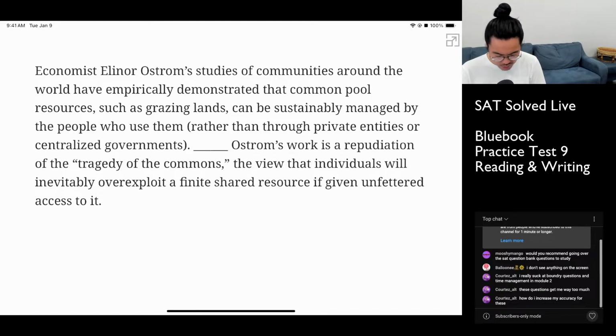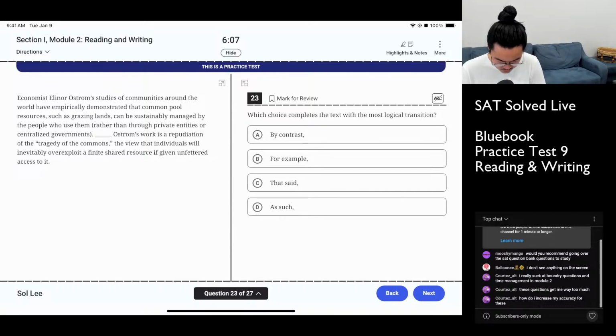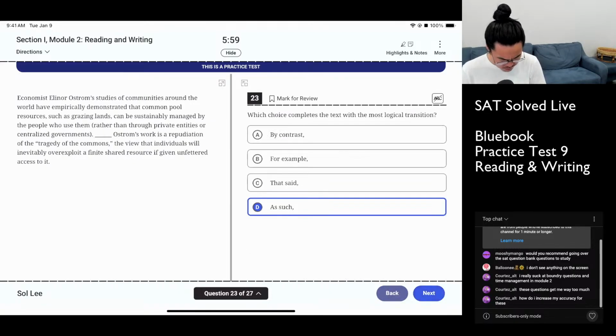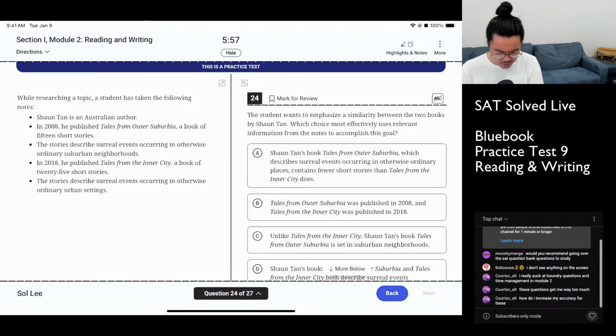In effect, I would say in effect personally, but yes, as such. Oh, okay, interesting. That's an interesting one. We haven't seen that in a while. Okay, or ever. I don't think I've ever seen that. I feel like that might have been my first time solving that. Okay, 24, here we go.